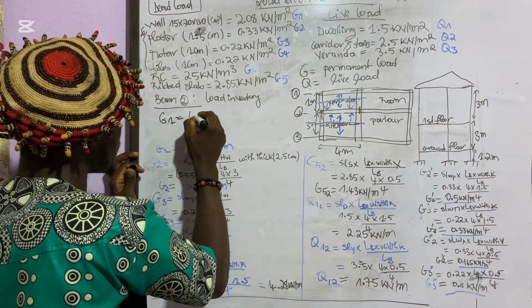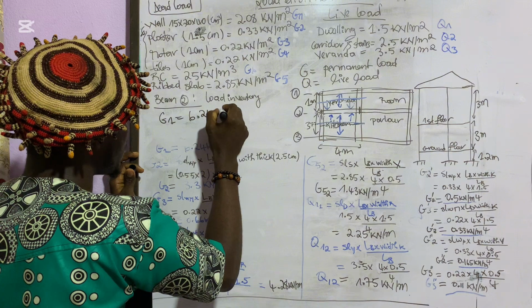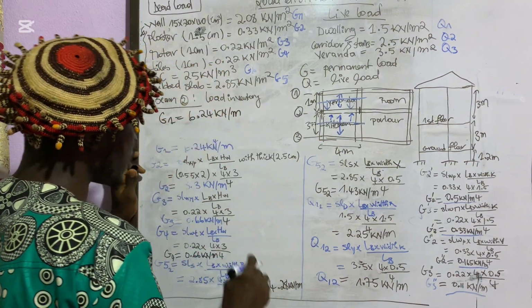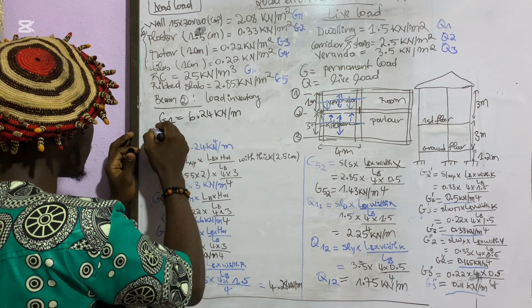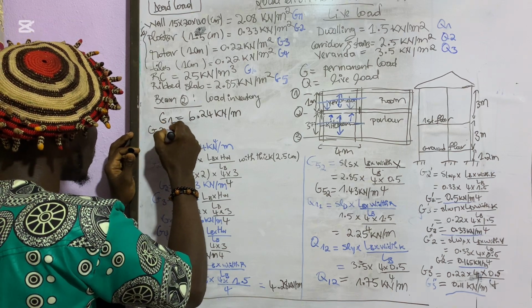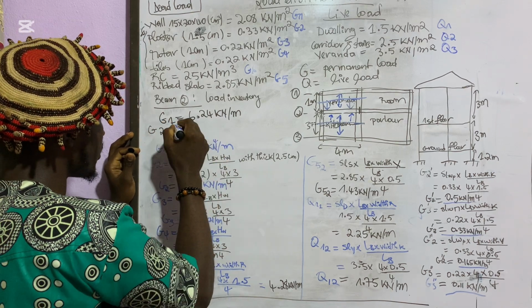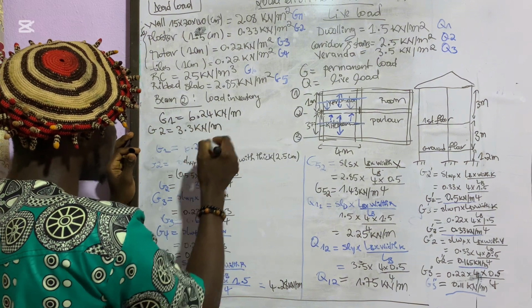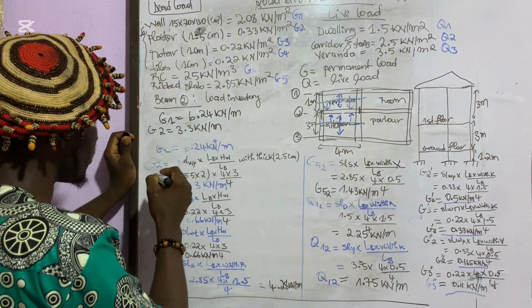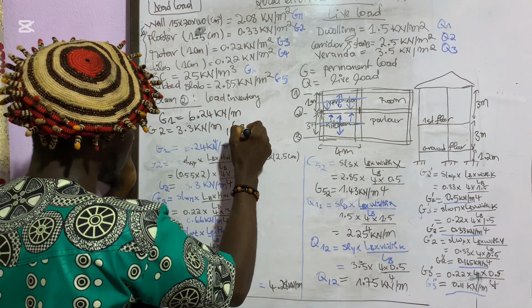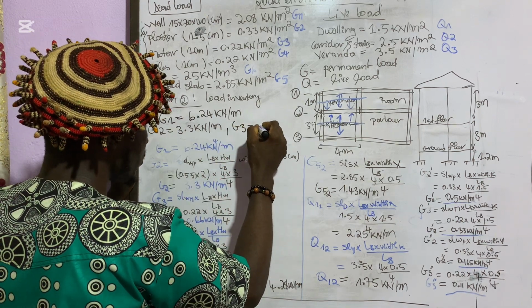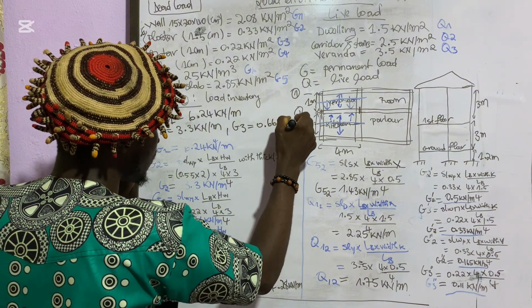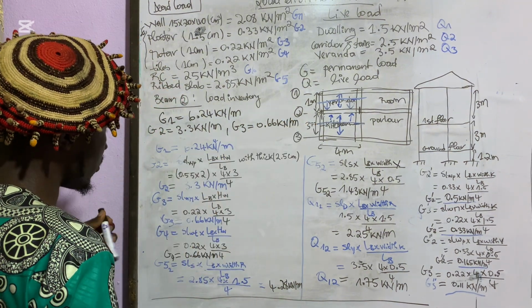G1 is equal to 6.24 kilonewton per meter. Then we have G2 is equal to 3.3 kilonewton per meter. We have also G3 is equal to 0.66 kilonewton per meter.